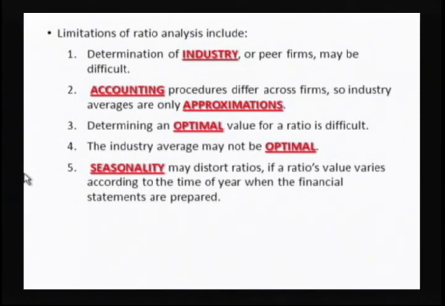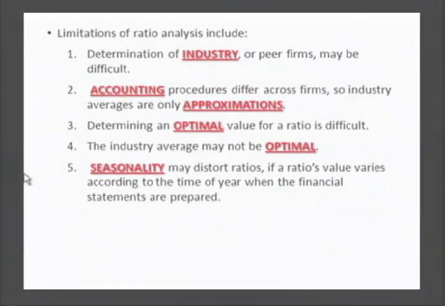So if we pick a particular date, such as calculating inventory turnover, we use a date when the inventory is really, really high for the firm, then the inventory turnover might look low, as opposed to using a date when their inventory is relatively low, then the inventory turnover might look high. So if there's seasonality, we've got to be aware of that. Some would advocate using an average inventory amount to calculate inventory turnover or something like that.